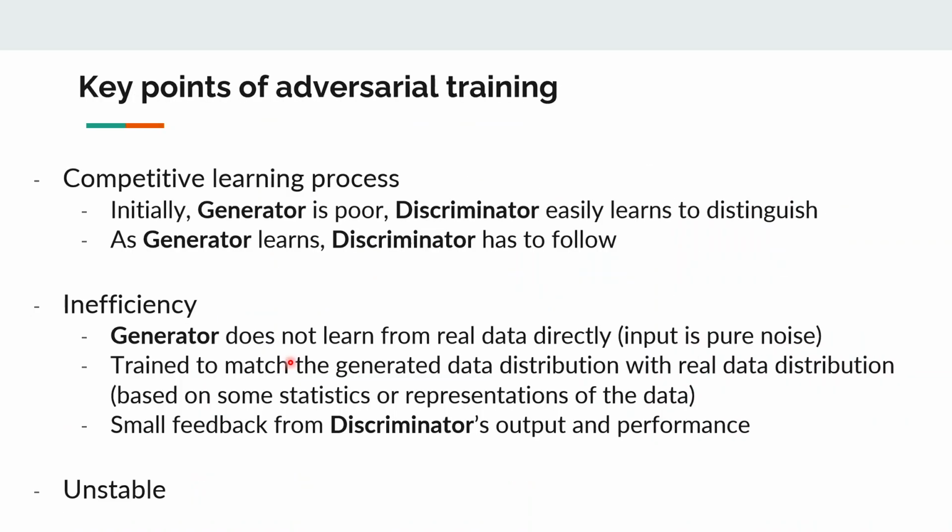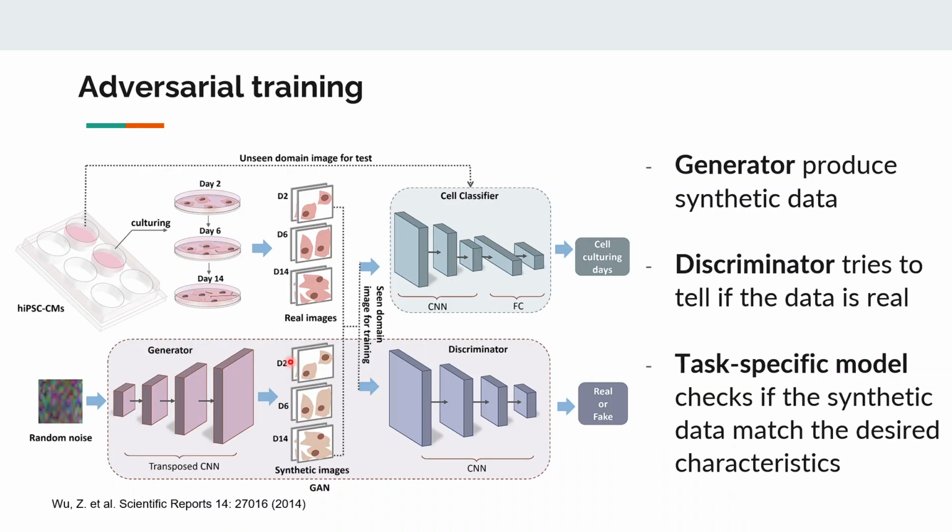So the idea of adversarial training is a competitive learning process, because in order to get a good generator, we need to have a good discriminator that teaches it what's real and what's fake. But the problem about adversarial training, as you can probably guess from the design, is that it's going to be very inefficient, because the generator doesn't really know anything about the biological data. It only learns through the discriminator that what is generated is bad or good. Knowing that the output is bad or good doesn't really tell how to improve.